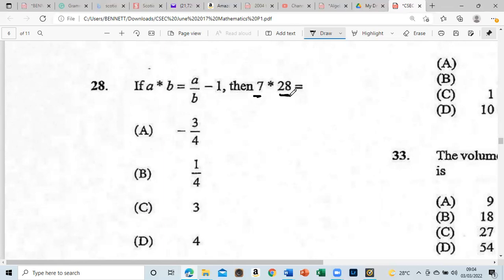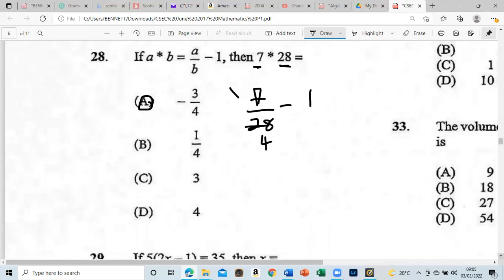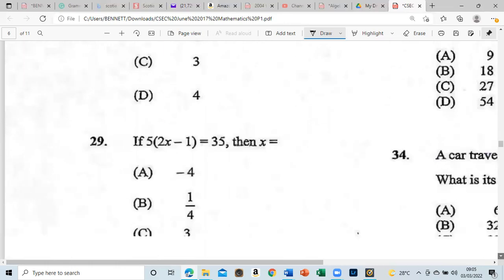That's A over B, which is 7 over 28 minus 1. This one is definitely different. So 7 into 7, 1, 7 into 28, a quarter. Sorry guys, this is not the one. A quarter minus 1 equals negative 3/4. Be very careful, guys. Let's read the questions carefully.